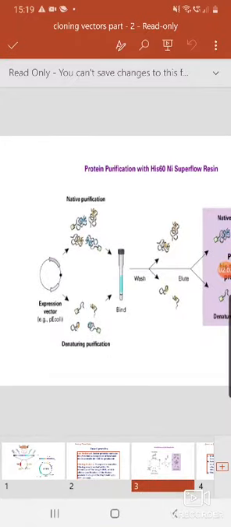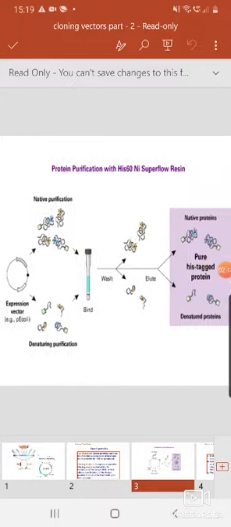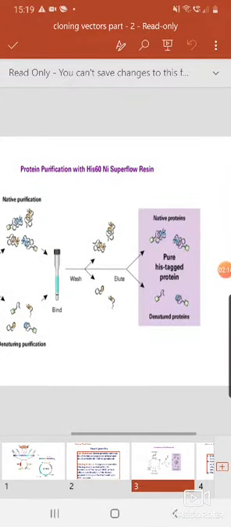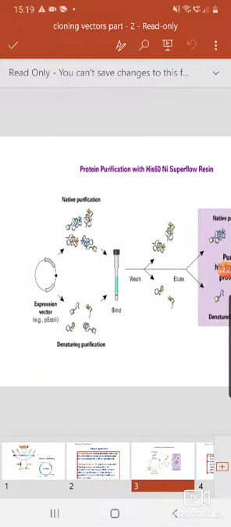This is a small demonstration of what I wanted to express. This is the vector where we have expressed our cDNA. After expression, you can denature the protein, or you can do native purification. You pass it through a column, then wash and elute. In both cases it is expressed with a histidine tag.